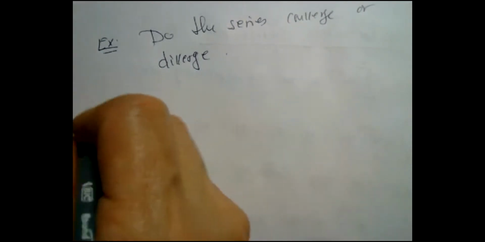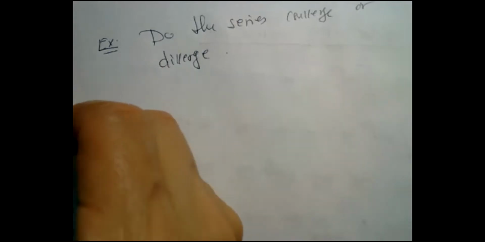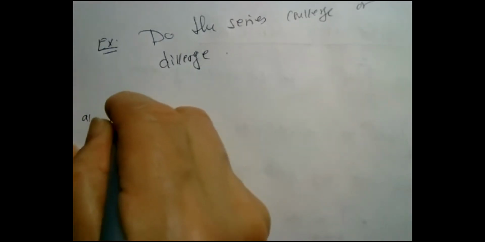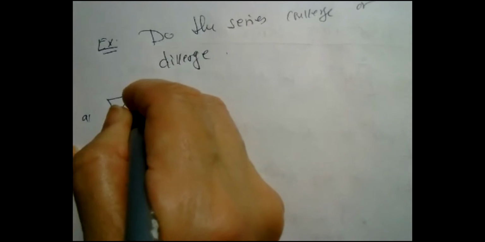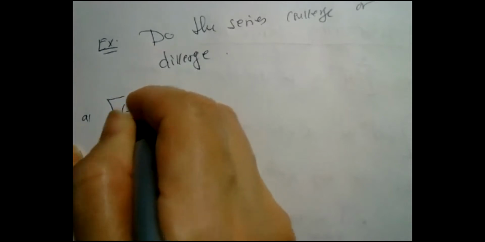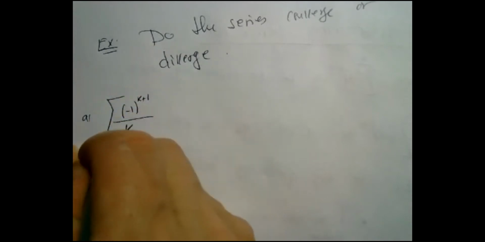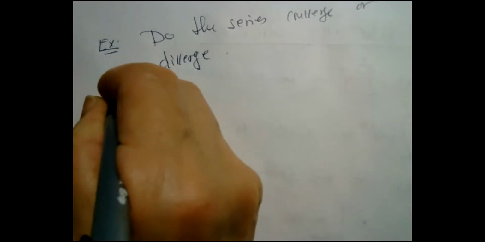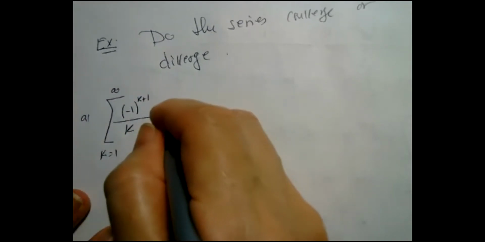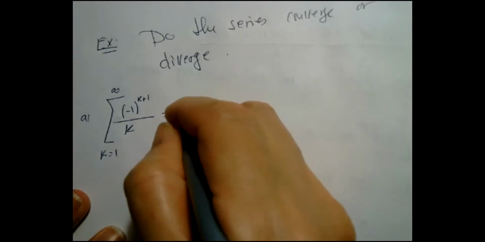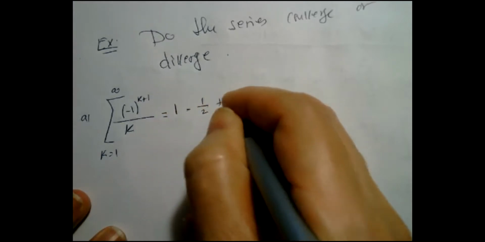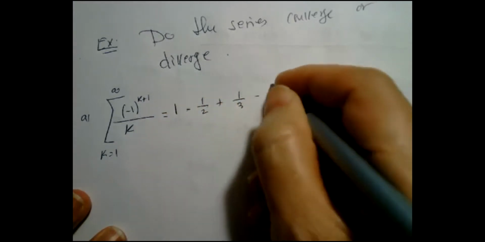So the first series is sigma of negative 1 to the power k plus 1 over k, k equal 1 to infinity. So this is 1 minus a half, and so on and so forth. That's absolutely alternating.